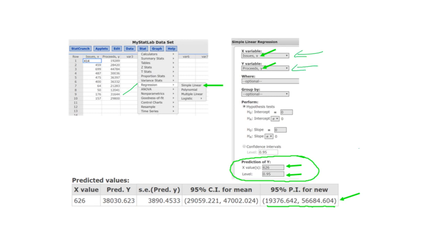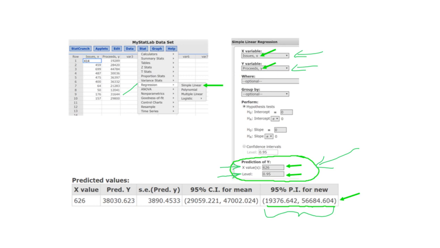But this time I have to come all the way down here to the prediction interval. So it says prediction of Y. Notice I have to put that X value, the 626, in the first box, and then I have to put the significance level of 0.95 in the second box. At that point, now I can hit compute, and it's going to give me my prediction interval right here. And those were the numbers that we were working on the prior page.